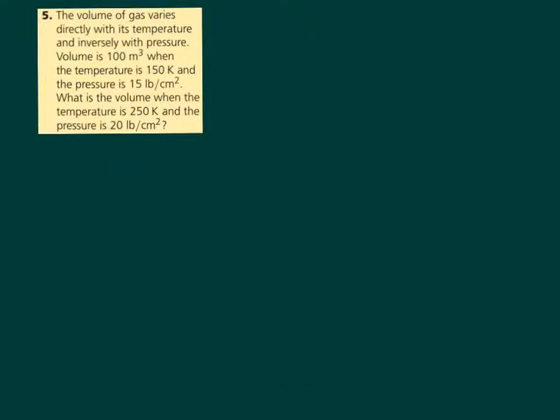So let's actually do both of them at the same time. Boom. So we have that volume, direct variation is x equals k times y. Inverse variation is x times y equals k.